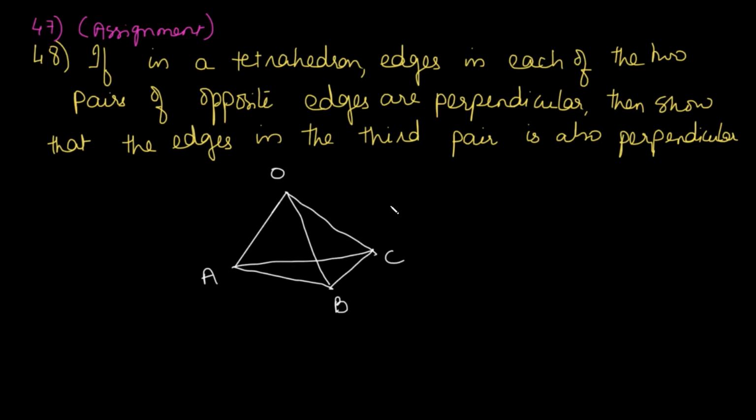In this case, let OABC be the tetrahedron. Then the opposite edges are, look at the figure, OA and BC.